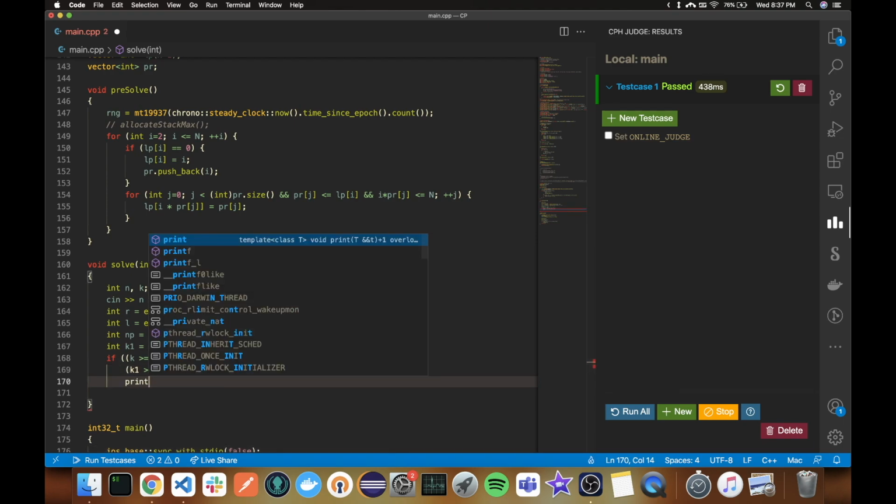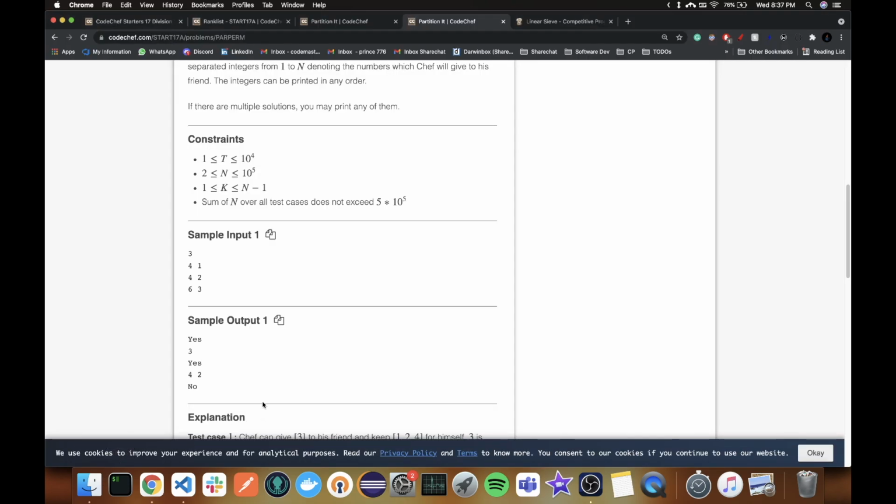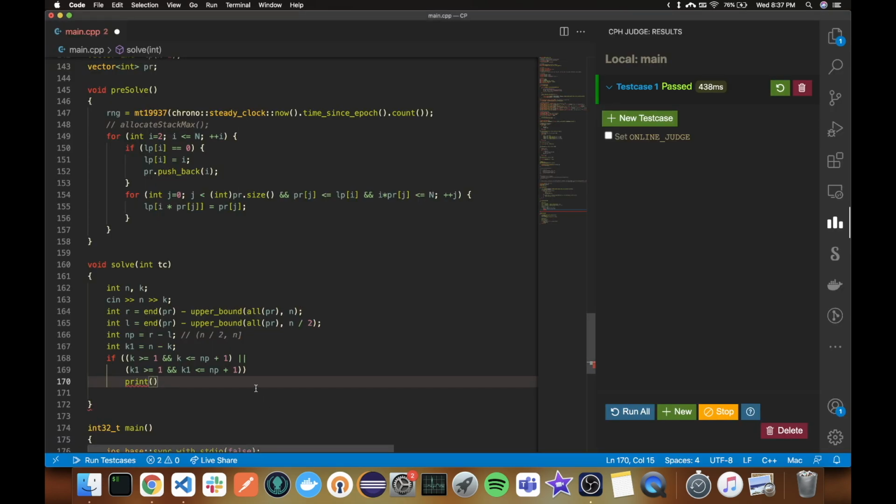In that case, I'm going to print yes, and then I have to print all the numbers. So let's see out one first of all.